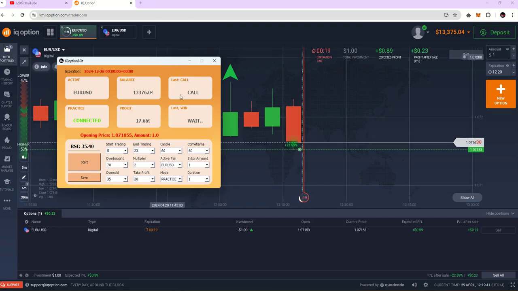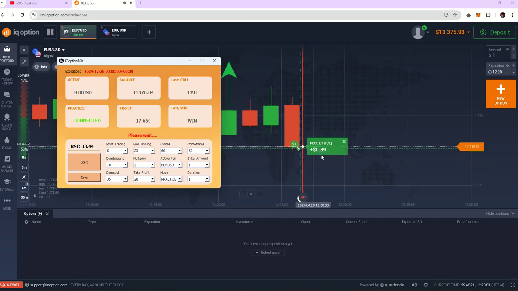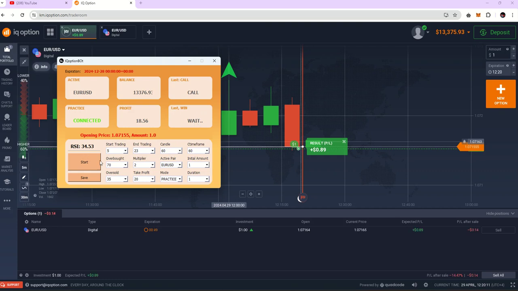And you can see here you called for a buy trade, and the result. Yeah, you win. So sweet, it's a win. And then it's opening a trade because it is below our oversold level again. And it's a call, it's a buy. And then this is the last result, a win.